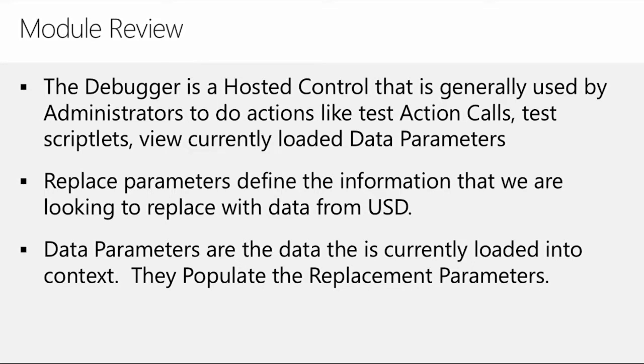And remember that the data parameters loaded inside the debugger are the ones currently loaded in the context of what it is that you're trying to do. And that's what's ultimately going to feed into those replacement parameters. Just make sure that you understand that they don't update in real time. So before you do anything, do a quick refresh of your data parameters to make sure that you have the most recent version of the data parameters, and then you can move forward from there.